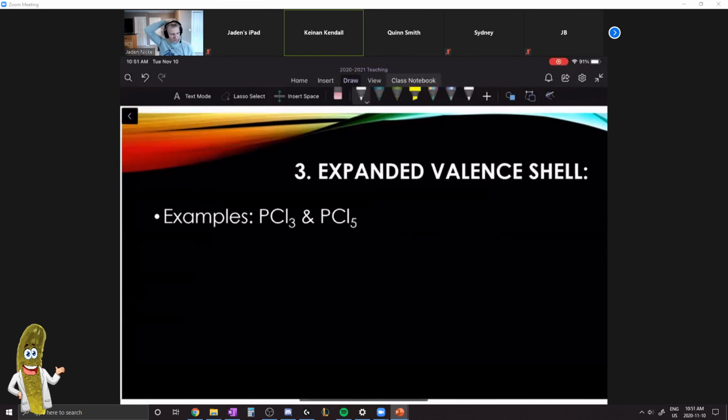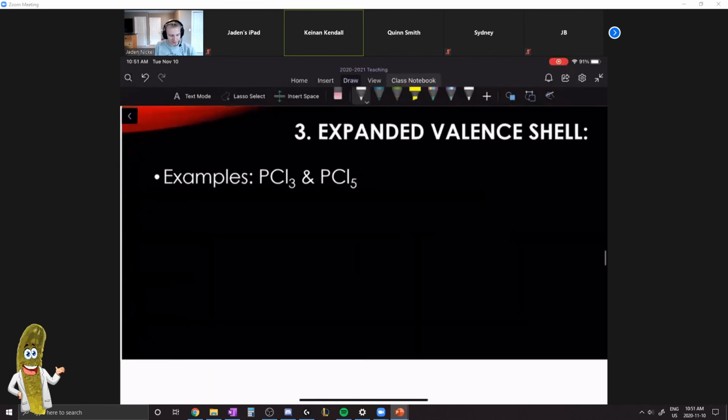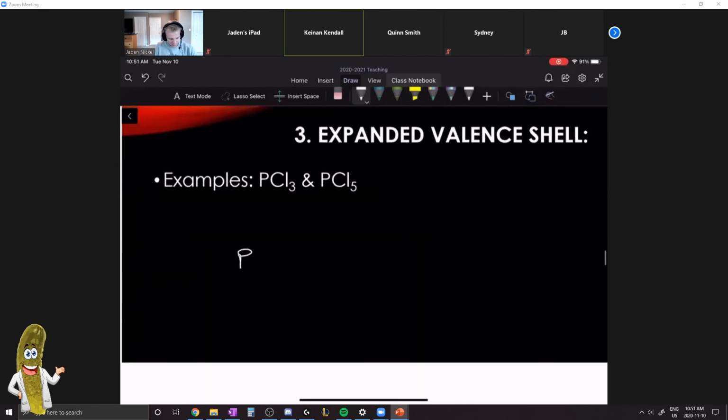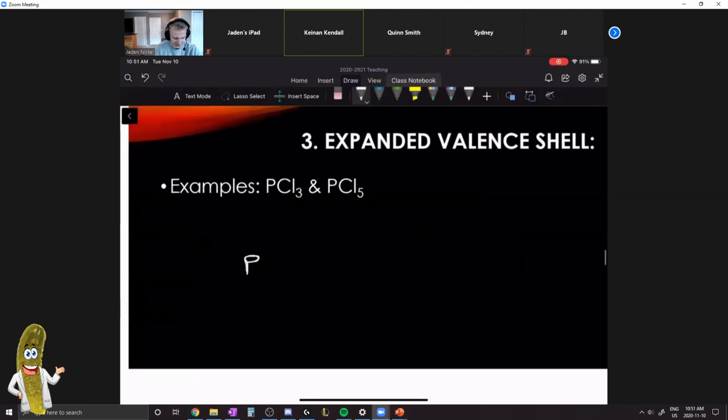So phosphorus technically has, I believe, 5 valence electrons. Phosphorus, if you look at the periodic table, is right below nitrogen. So we would see it existing like this.